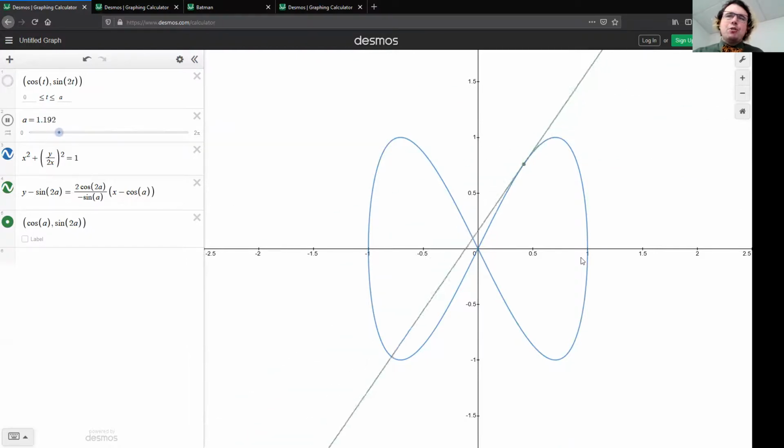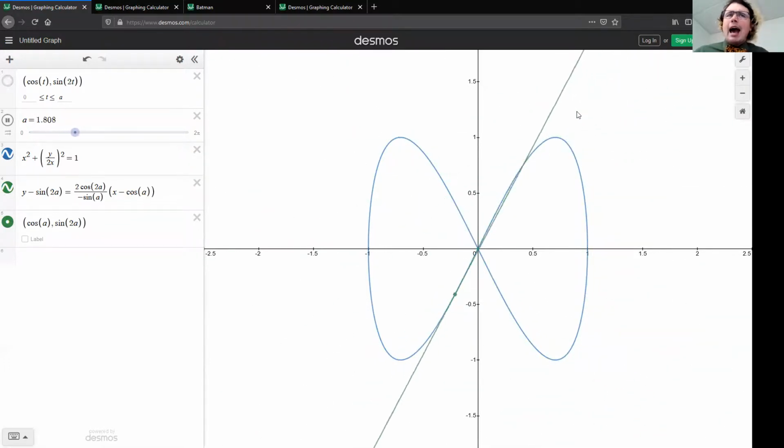And there's actually going to be 2 points here that have a vertical tangent. But what else do I notice from building up this visualization is that I can do this sort of tracing idea.